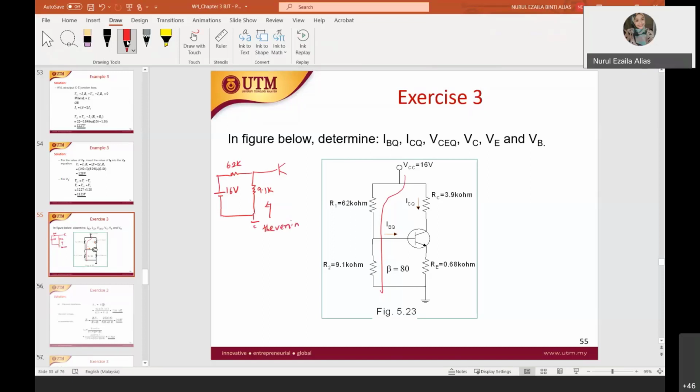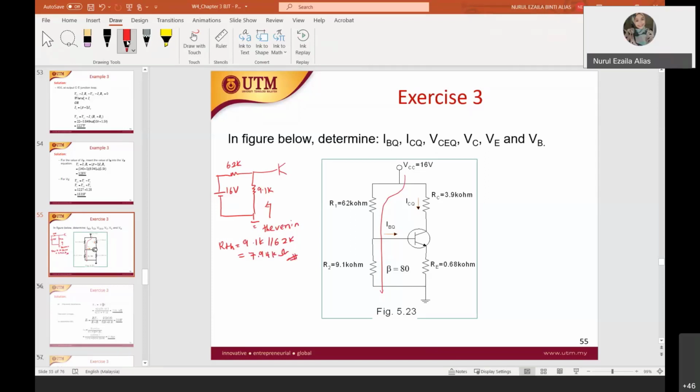Our R Thevenin is 9.1K parallel with 62K. How much is this, student? 7.94K. One more time, 7.94 kilo ohm. Does anyone get a different answer or the same answer?